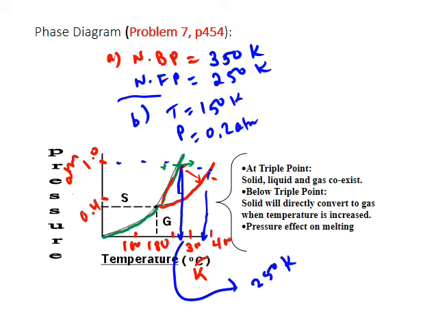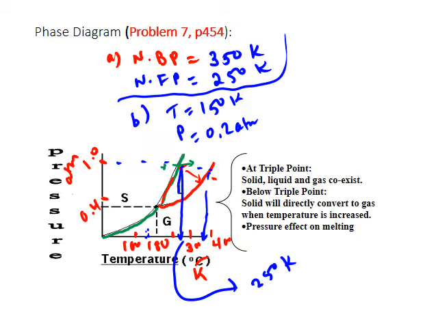Let's draw a line here. You need to say what kind of physical state you would have. Temperature is 150K, so it'd be somewhere here, along this line in between 100 and 200. Again, this is not drawn to scale.